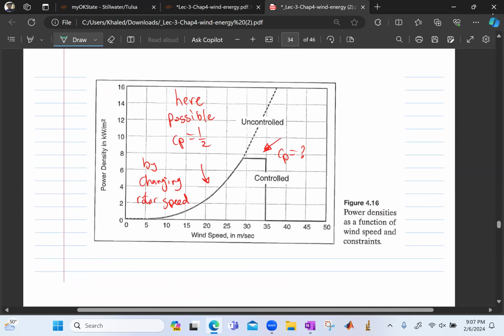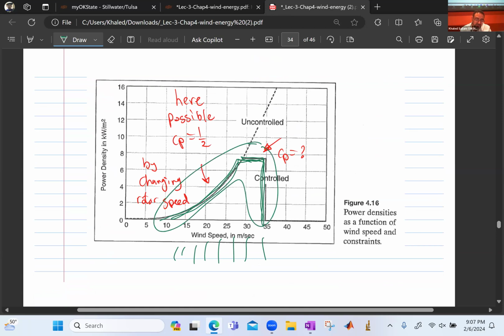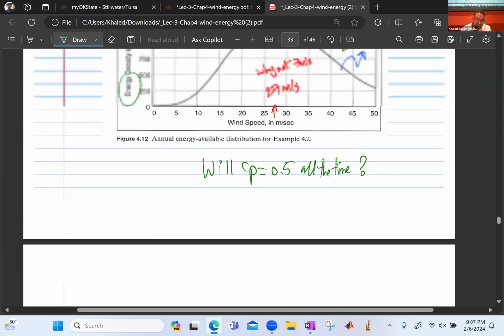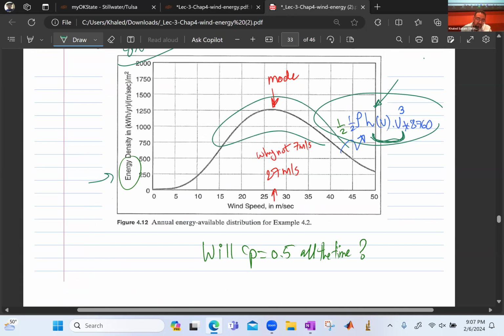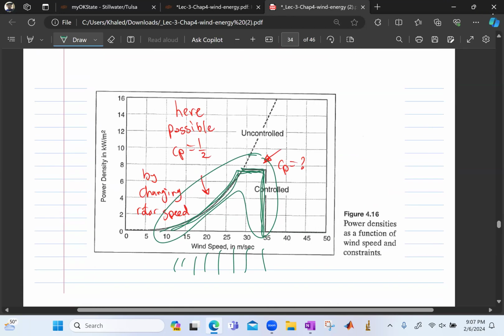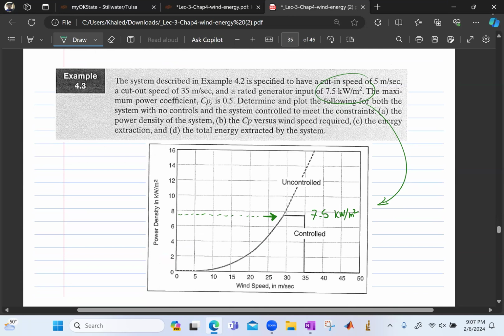So if the turbine is going to run like this power curve at those different velocities, multiplying the output of the turbine with the energy available over here will tell you how much this particular turbine will generate. Okay? And so that's what's done in this example.